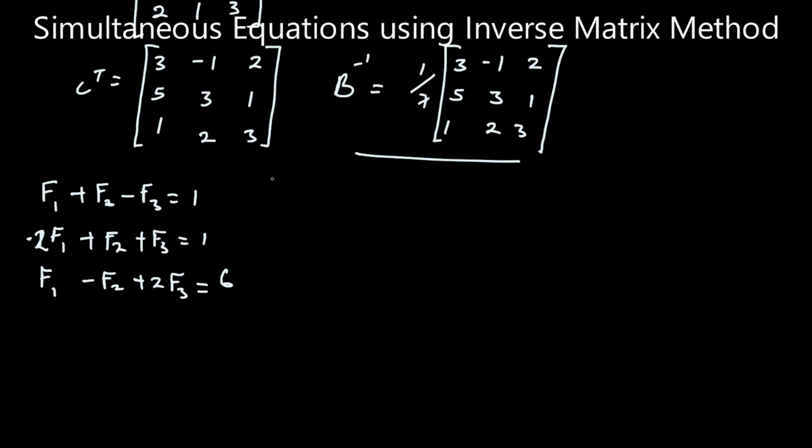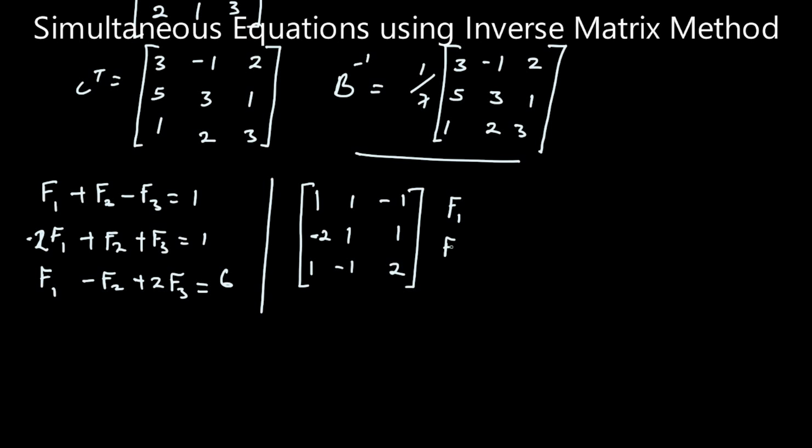And we arrange this in a matrix, and we said we had 1, 1, minus 1, minus 2, 1, 1, 1, minus 1, 2, times F1, F2, F3, and this is equal to 1, 1, 6.